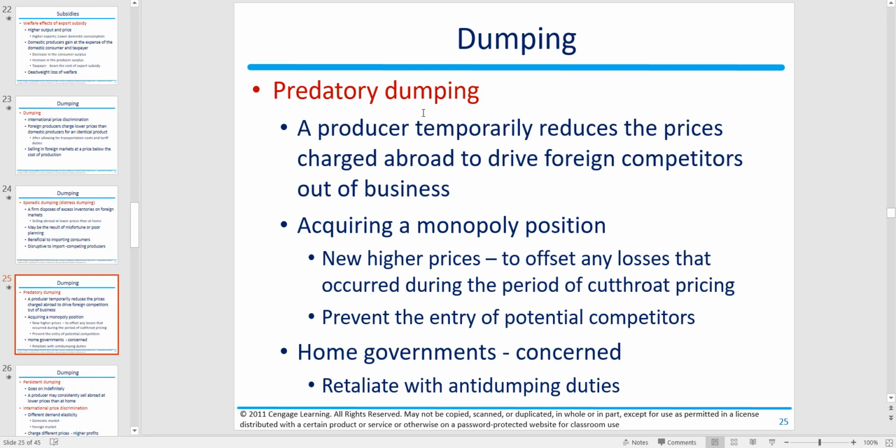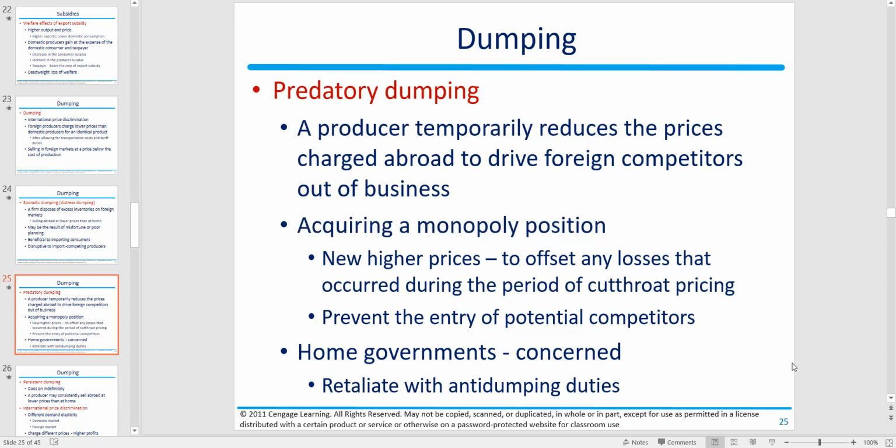Predatory dumping is when they dump the products to conquer market share, to eliminate competitors from the market, trying to acquire a monopoly position. Then, if it was the case of predatory dumping, or any form of dumping, domestic producers will ask for protectionism from their government. And the governments could retaliate with anti-dumping duties.